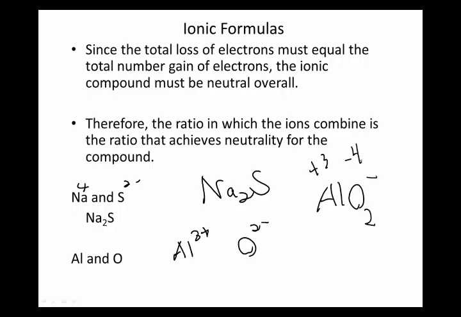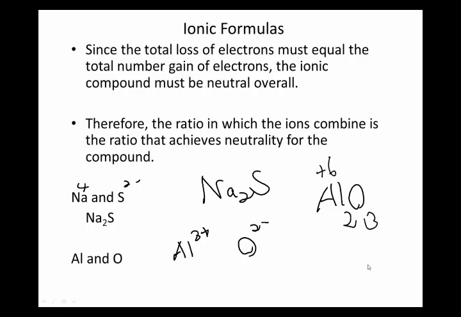Okay, we need another aluminum. Well, that's no good either, because now I've got minus 4 and plus 6, and now I've got plus 2. That's no good either. So let's try adding another oxygen. Now, I'm not going to have you do this trial and error every time. So now I've got plus 6, and minus 2 times 3 is minus 6.